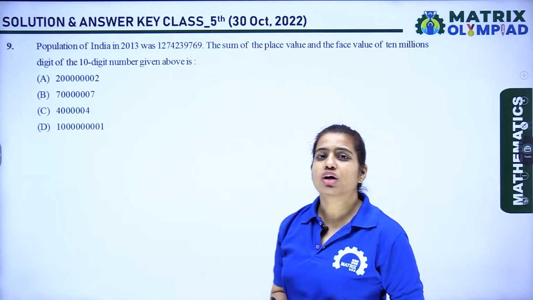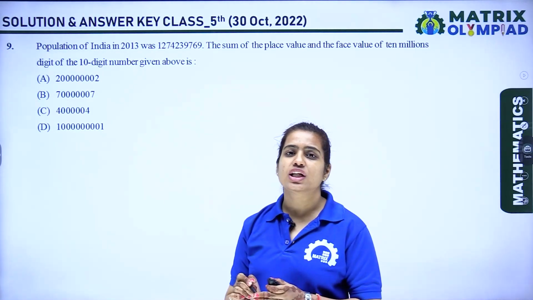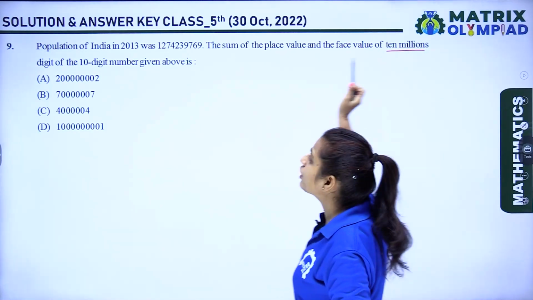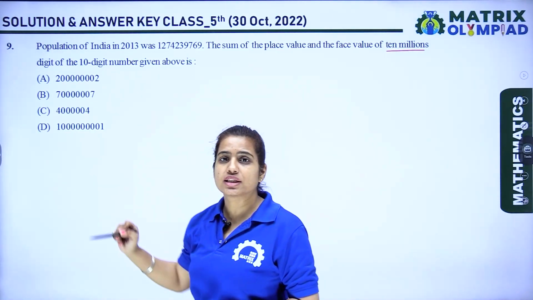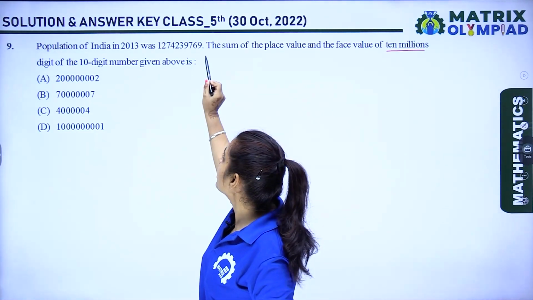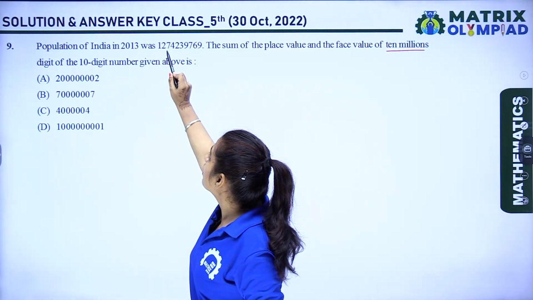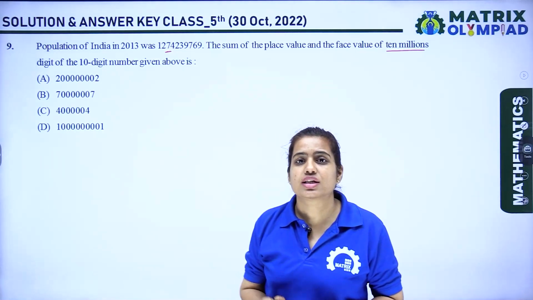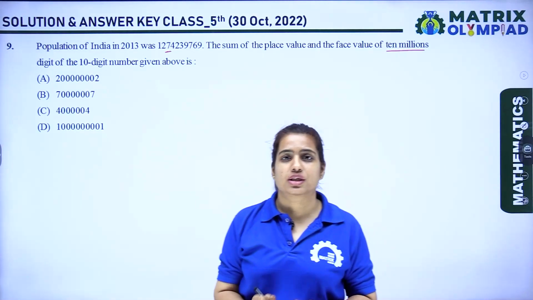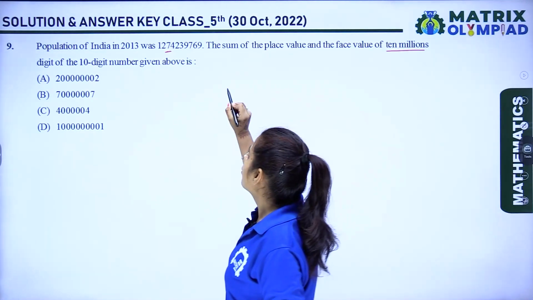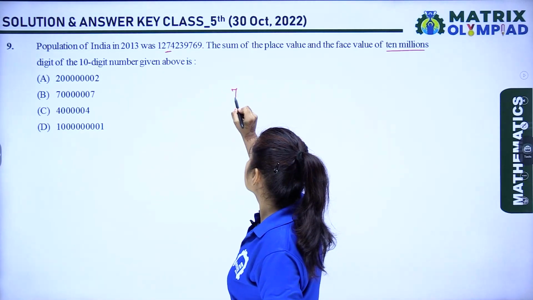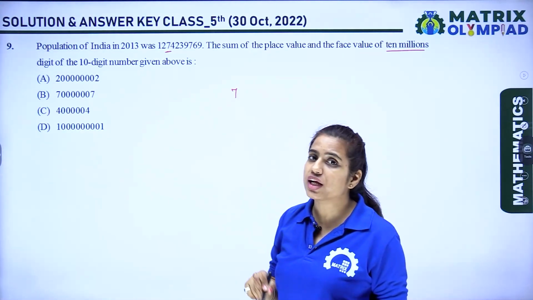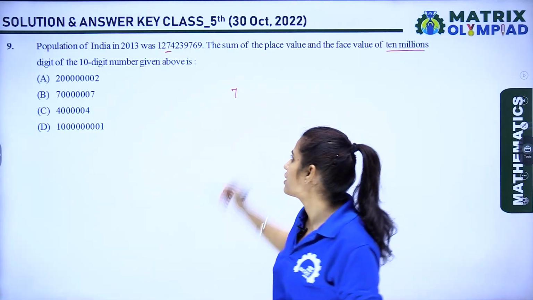We have to find out the sum of place value and face value of the digit that is placed on 10 million. Means we have to find out the place value and face value of 7 which is placed on the 10th million place.